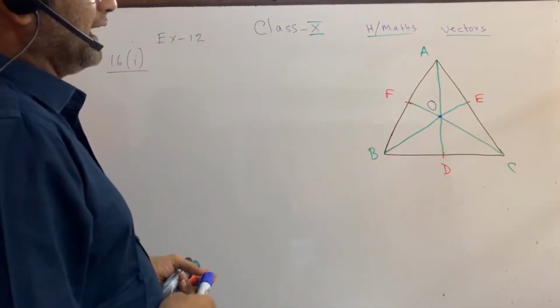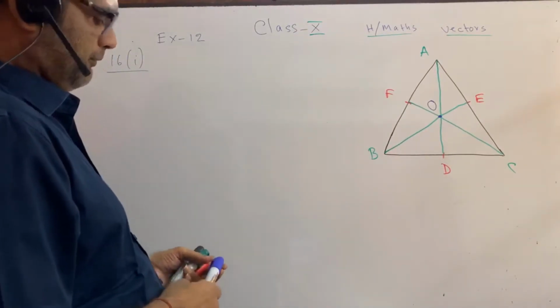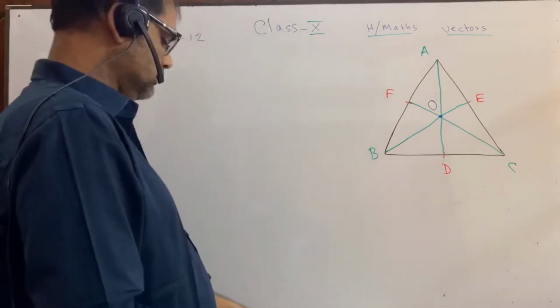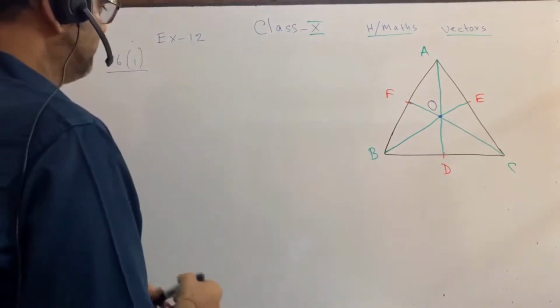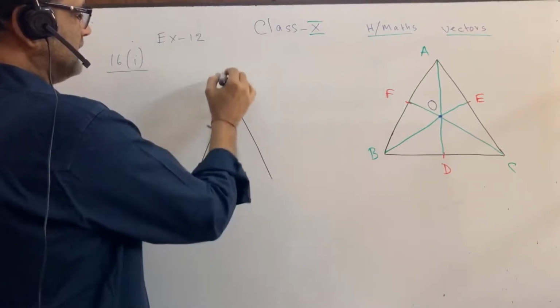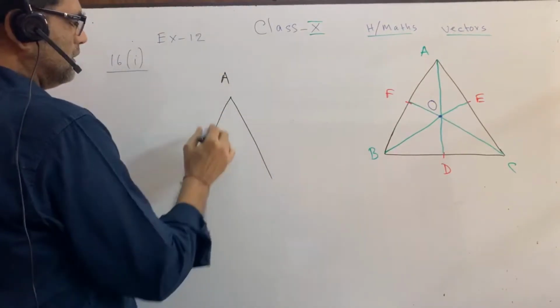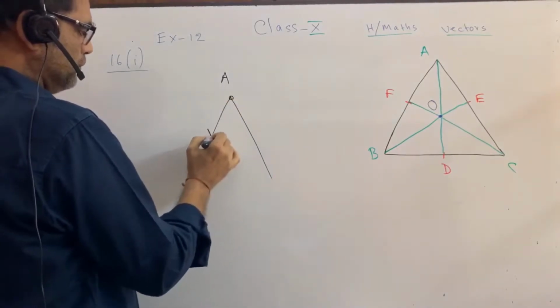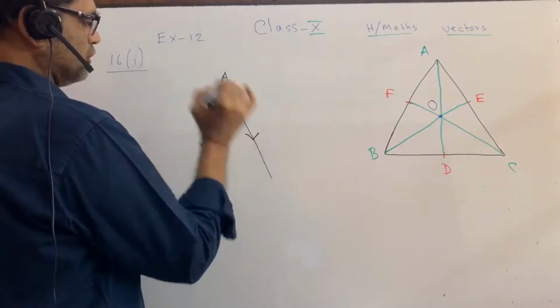Now let's try to give the vector sign. At first, what is the rule to give the vector sign? You see, suppose this is the initial point A. From A, two vector signs in this way.